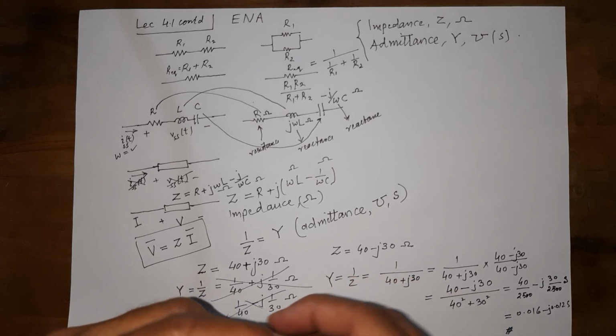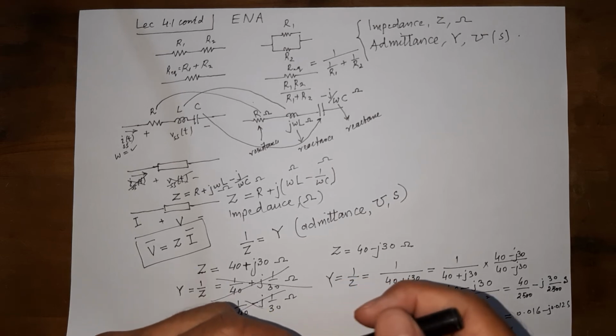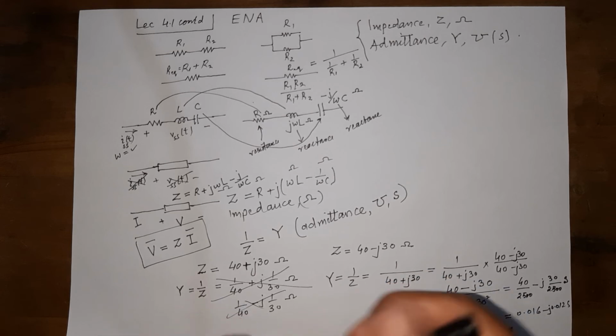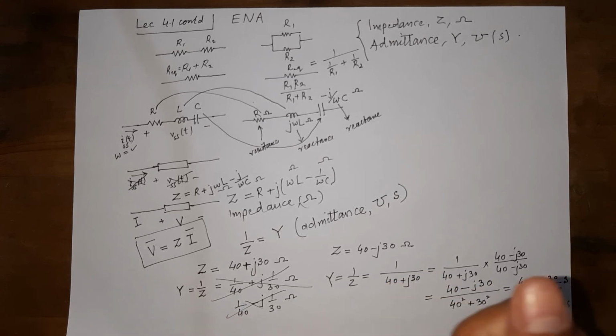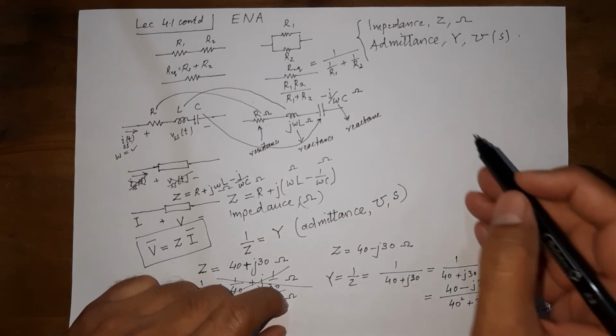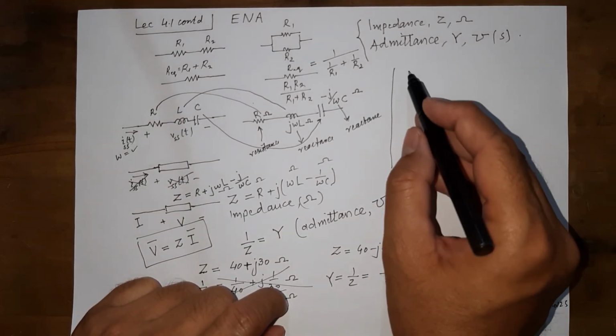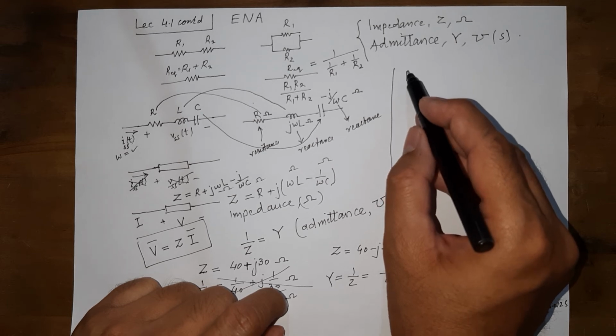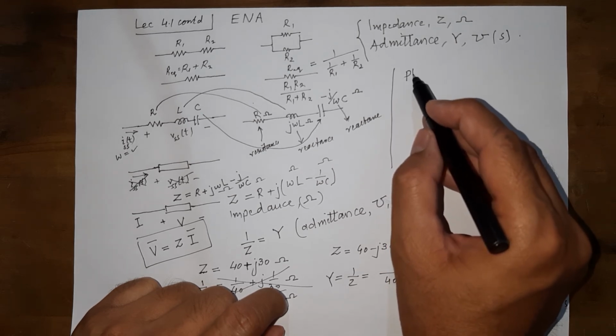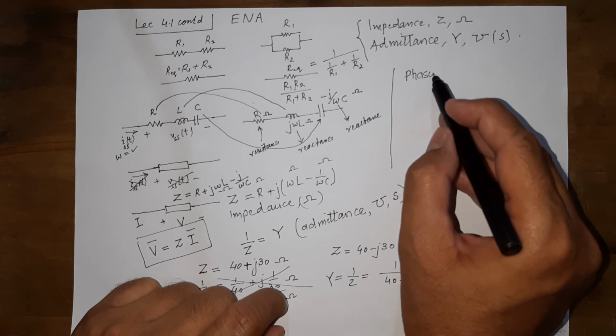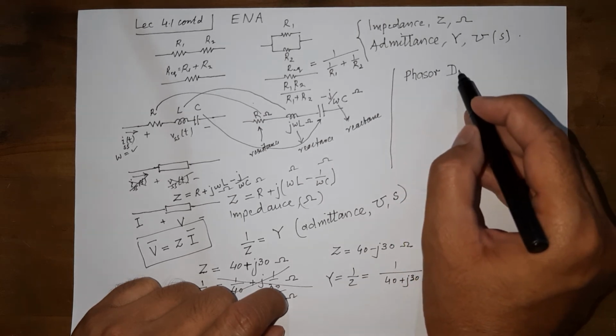And in the next lecture, that would be the lecture on Monday, we are going to learn about a very important tool that gives us an insight about phasors and the relationship between phasors, and that is known as a phasor diagram.